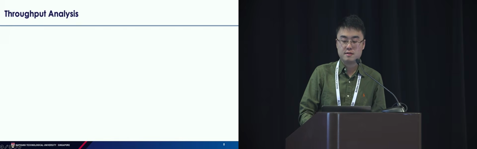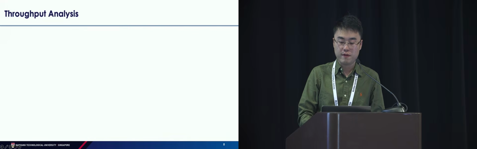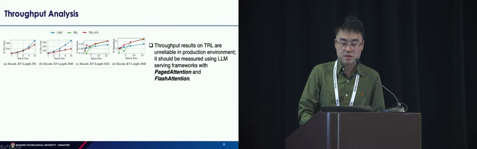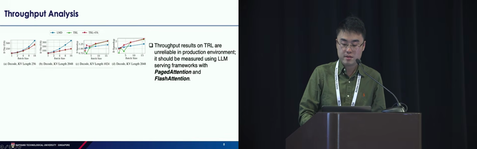We first utilized synthesized samples and Llama 7B to analyze the prefill and decoding throughput of LLM serving acceleration techniques. In figures A and B, page attention and flash attention can improve the decoding throughput. Figures C and D show that the relative speedup on the transformers library does not show a significant advantage when measured against page attention and flash attention.